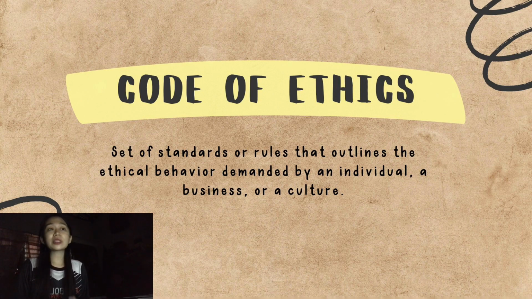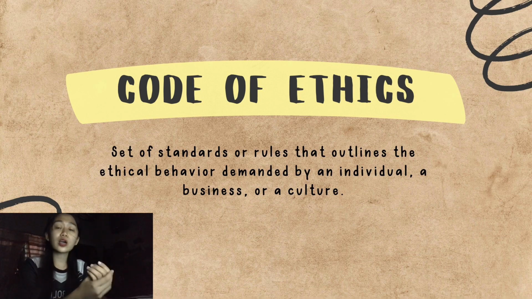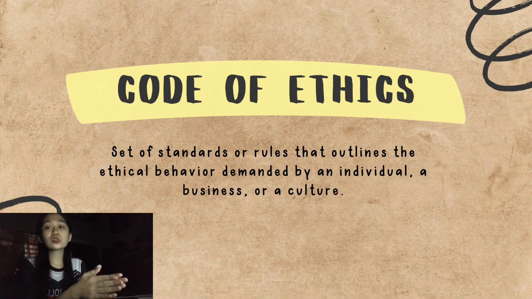So, it helps everyone to understand how they should act in different situations para maging fair, honest, and at the same time respectful. So, for a company, it includes policies like treating customers fairly, no, yung hindi pagsisinungaling, yung hindi pagnanakaw. So, it is important na merong code of ethics sa isang organization, sa isang business, or sa isang institution.